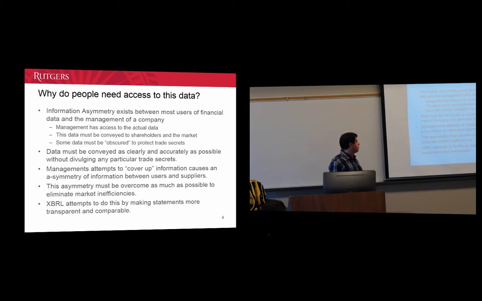Not only shareholders, but the rest of the market. Right? So management, obviously, they have a motivation to try to make the firm appear to be performing as well as possible. And shareholders obviously want to know if there's potential problems. So you have this kind of balancing act that occurs. Right? And so the idea of XBRL is one increasing step to overcome this information asymmetry.